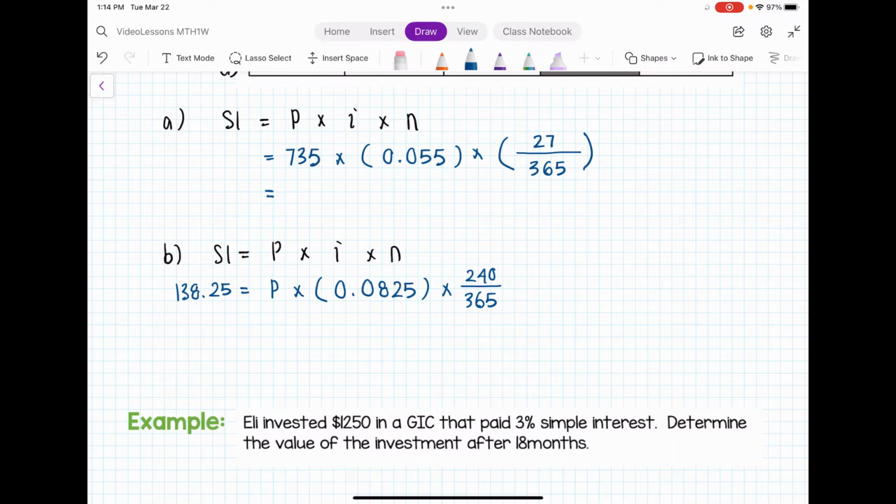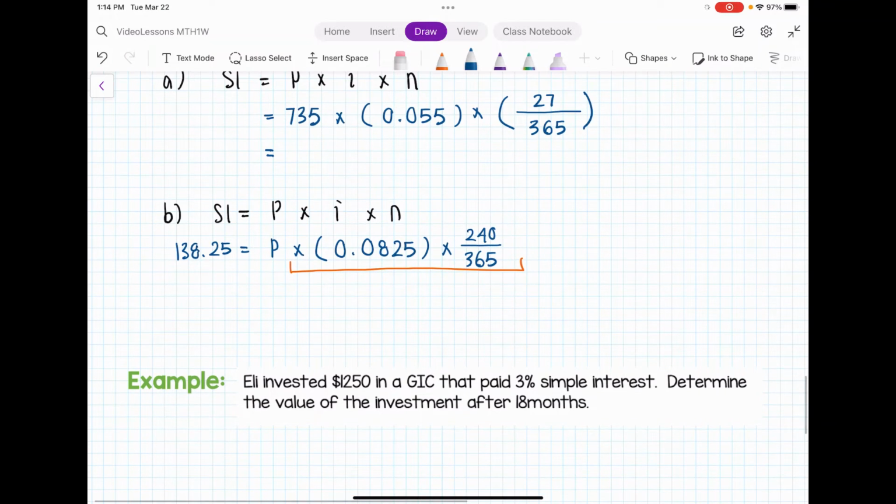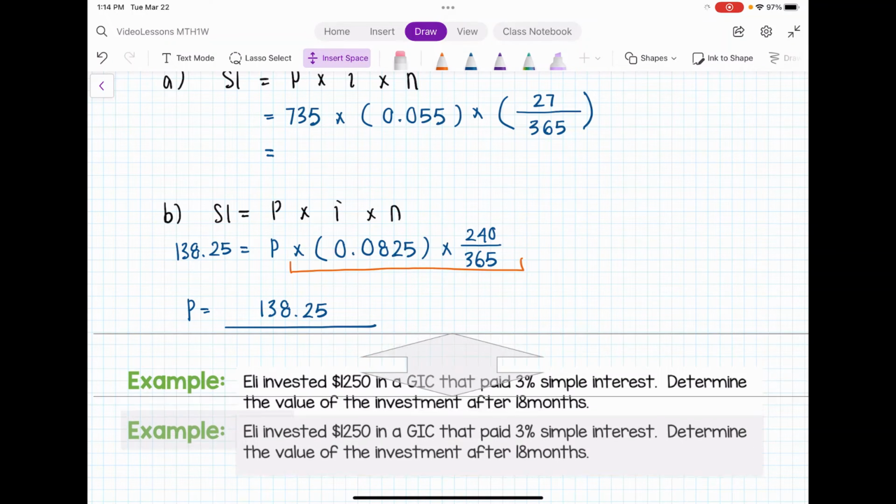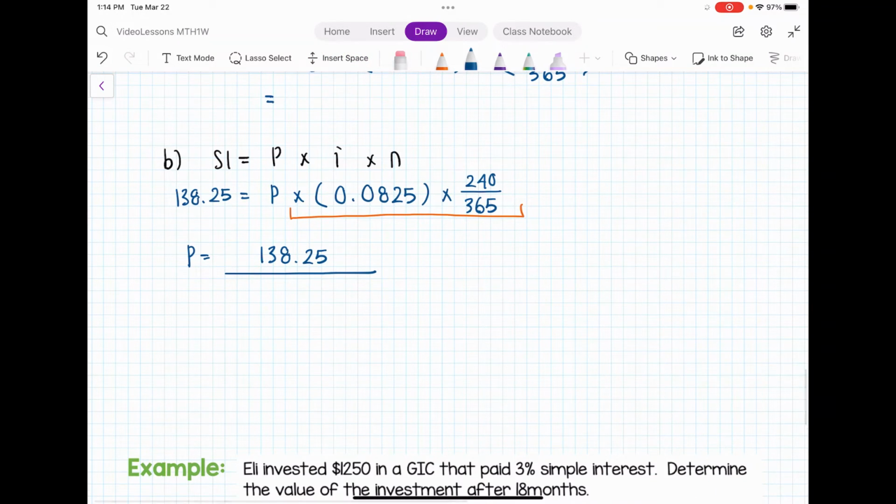And so notice I've got to do some algebraic manipulation here because I want P. In order to get P by itself, I'm going to have to divide all of these out. So we're going to say P is equal to 138.25 all over 0.0825 times 240 over 365.